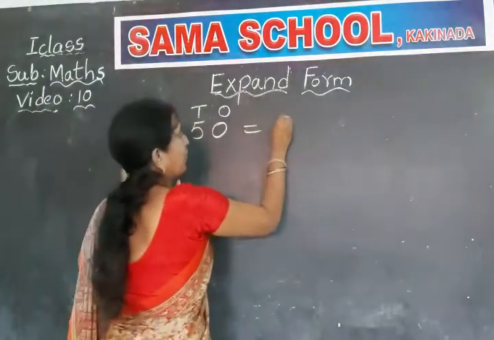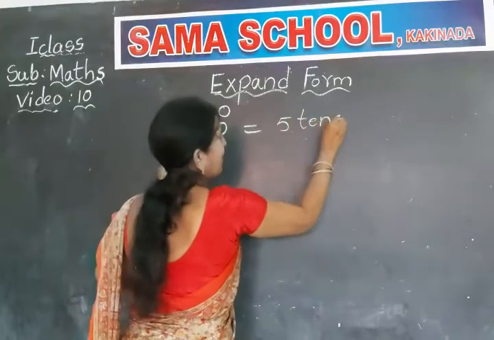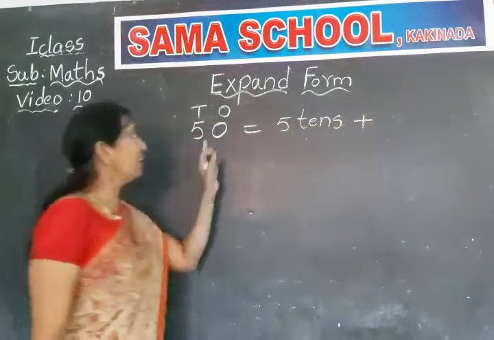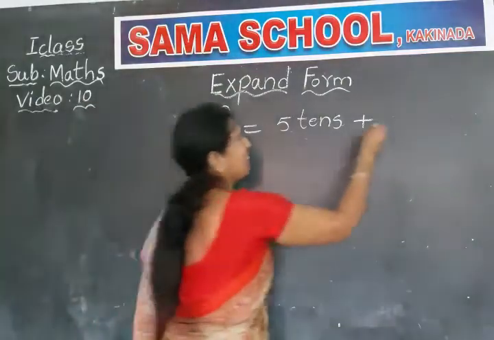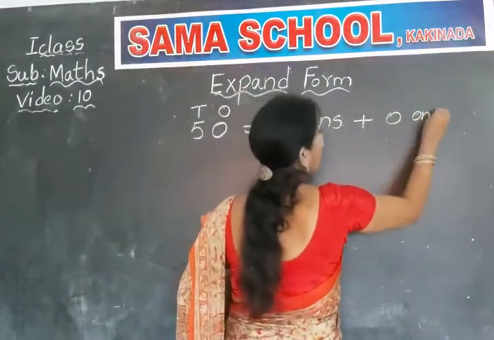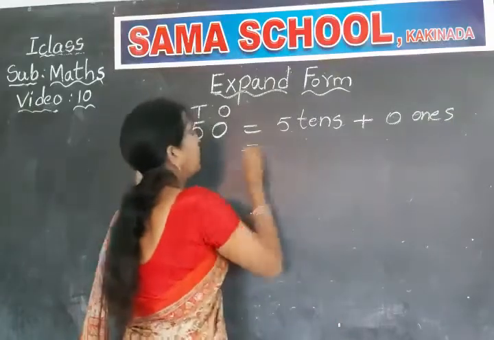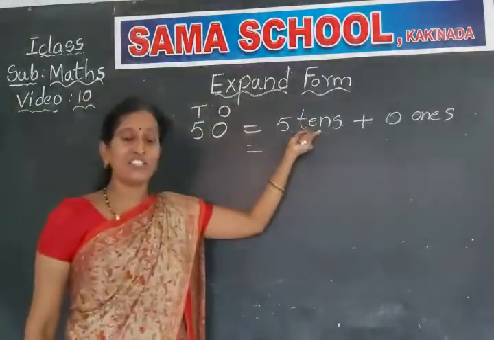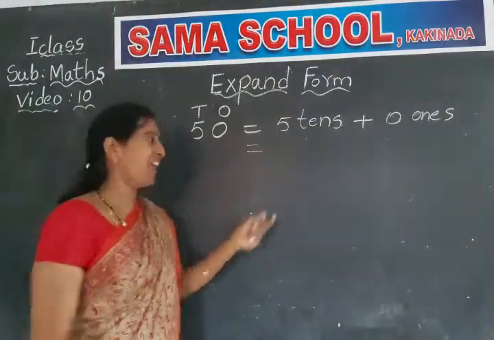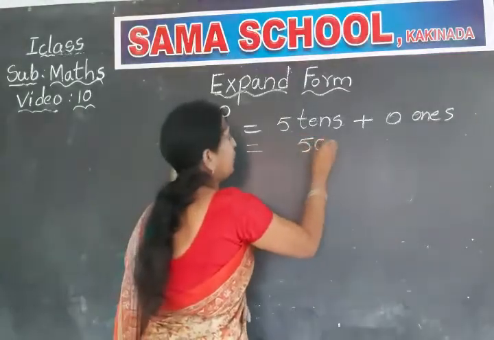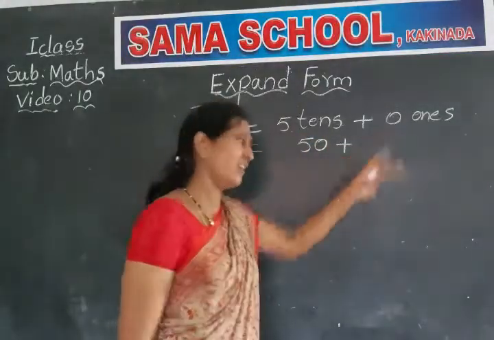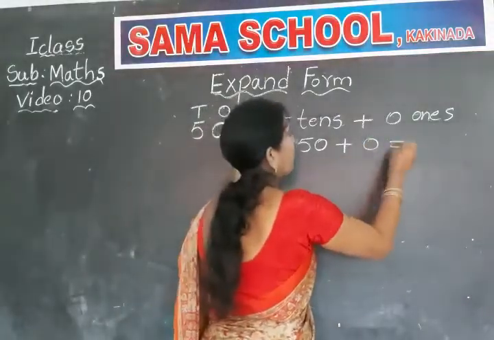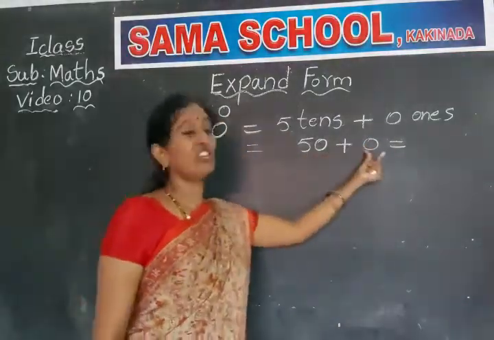Very good. 5 tens plus, in the ones place, how many ones? 0 ones. So 5 tens means how much? 50. Very good. 50 plus how many ones here? Only 0.